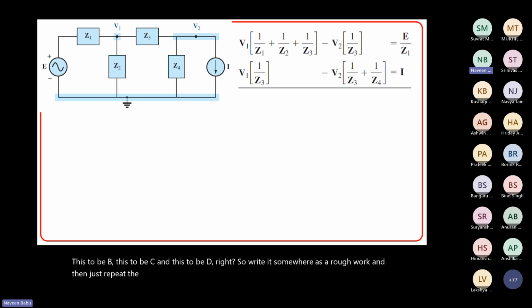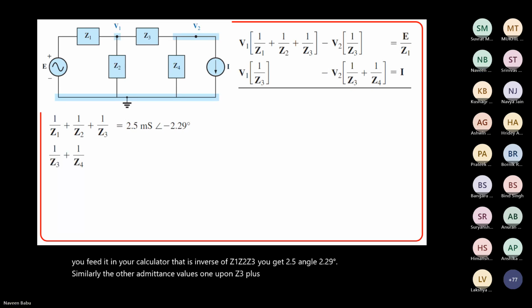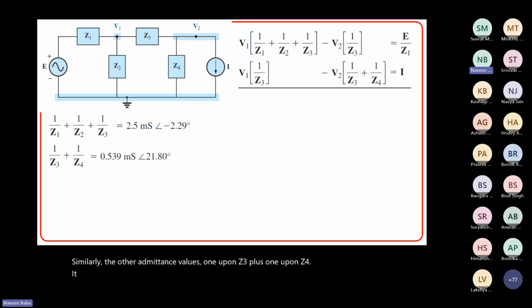So let us calculate 1 upon Z1, 1 upon Z2 plus 1 upon Z3. If you feed it in your calculator, that is inverse of Z1 plus Z2 plus Z3, you get 2.5 angle minus 2.29 degrees. Similarly, the other admittance value, 1 upon Z3 plus 1 upon Z4, is 0.539 angle 21.8.